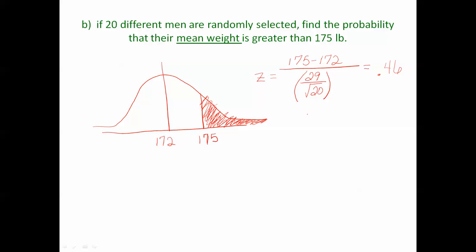When you look up z of 0.46, you're going to get an area of 0.6772. 0.6772 is this area over here, which is not what we want. We're interested in this area over here. So I need to subtract from 1, which gives me 0.3228.